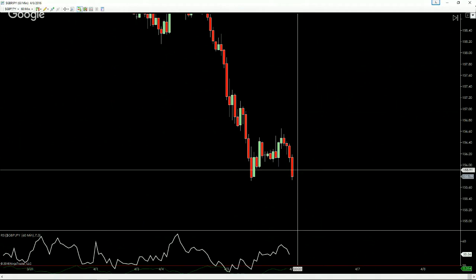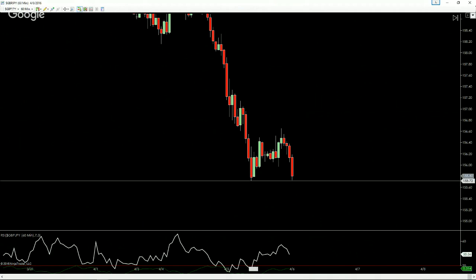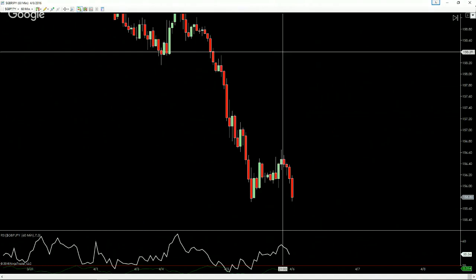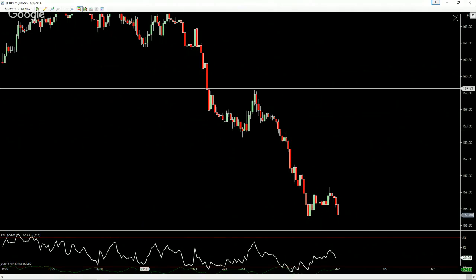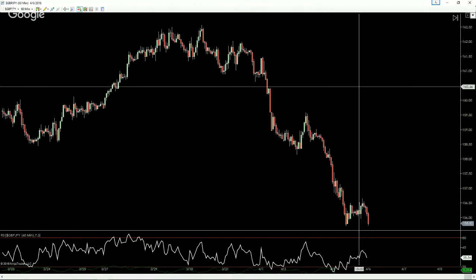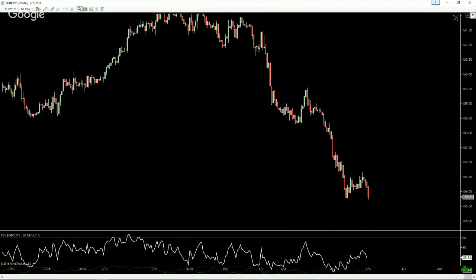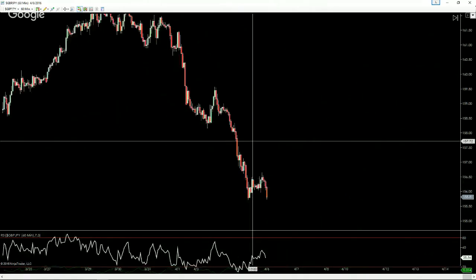The candle has not closed yet, so it could still violate this low right here. If it does, then that invalidates our double bottom. If it doesn't, then that could give us a validated double bottom that we can take advantage of. So that's something that we should still be waiting for.